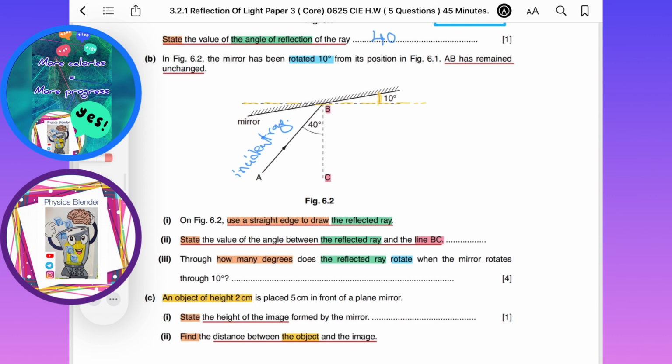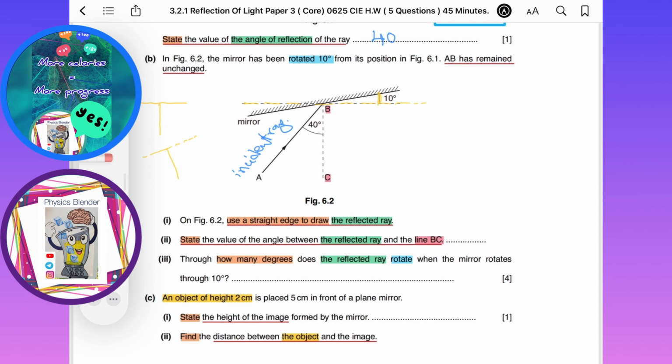I want you to imagine that the normal will be rotated by the same angle. You have here the first position and you have the normal. So if the mirror is rotated, also the normal will be rotated by the same angle.